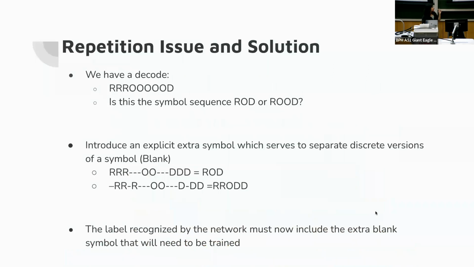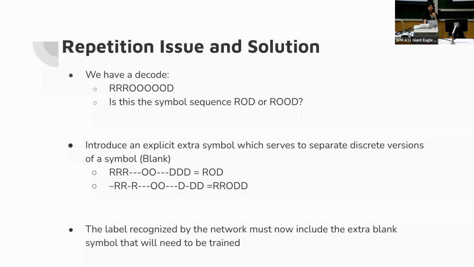But again, we didn't address this issue of repetition, which was also covered in the last lecture, wherein ROD and ROOD, we won't be able to identify. Hence, the solution is to introduce blanks in between each and every character.